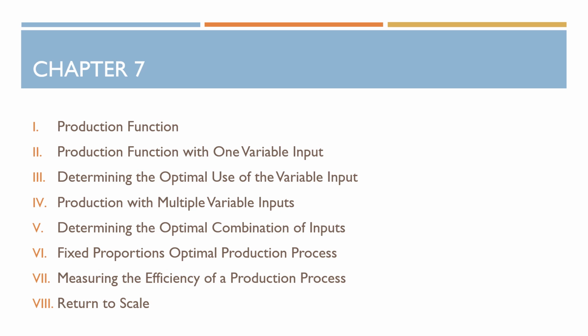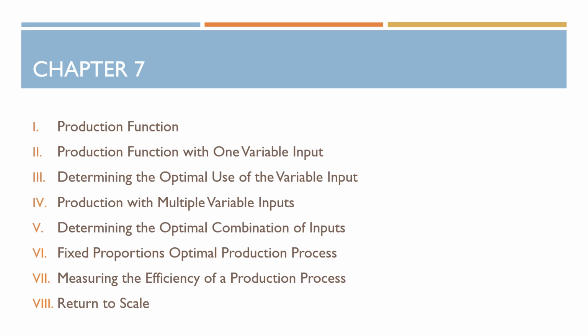So in this chapter, we're going to break down the production topics into several subsections. We will first lay out what we mean by a production function. It's a mathematical representation of production costs. And then we would like to talk about different cases when the production takes one variable input or multiple variable inputs, and how the production can be optimized at the lowest cost or the lowest additional cost to produce one additional unit.